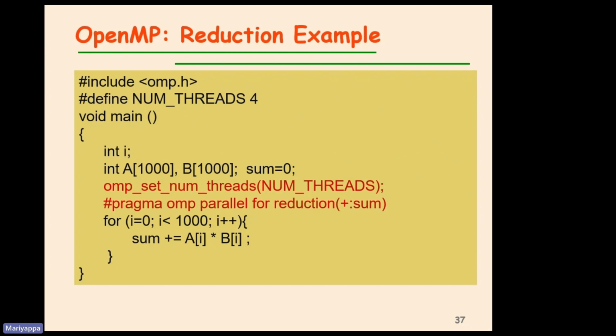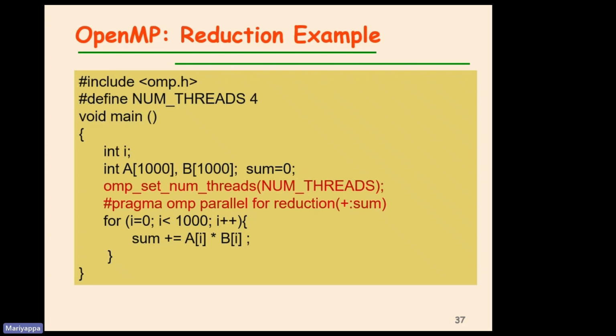Even though this variable sum is a shared variable, because it is used in the reduction, there are as many private variables as the number of threads, with each thread's copy also having the same name, sum. But it is private, and they do the private sum within themselves.